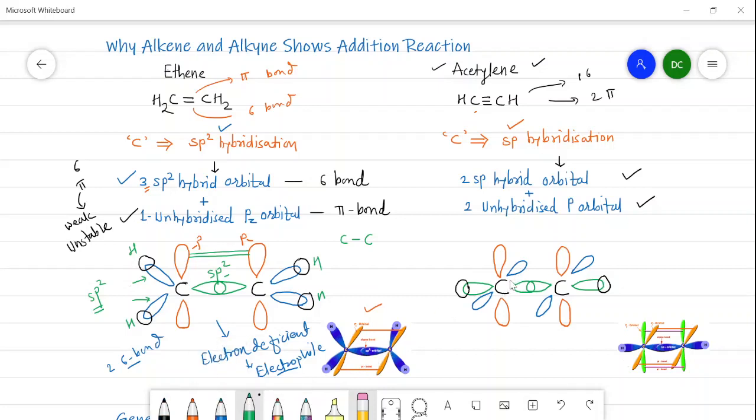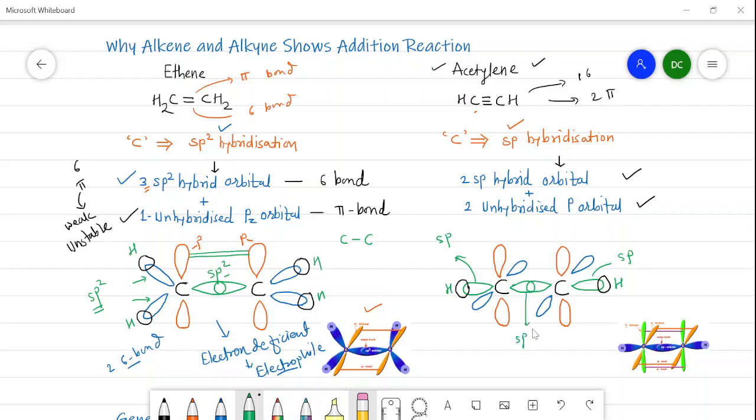Here you can find this is the sp hybrid orbital which forms the sigma bond with the s orbital of the hydrogen. Similarly, on this carbon, this sp hybrid orbital forms the sigma bond with the s orbital of the hydrogen, and the remaining sp orbital on each carbon undergoes sigma bond formation with each other.